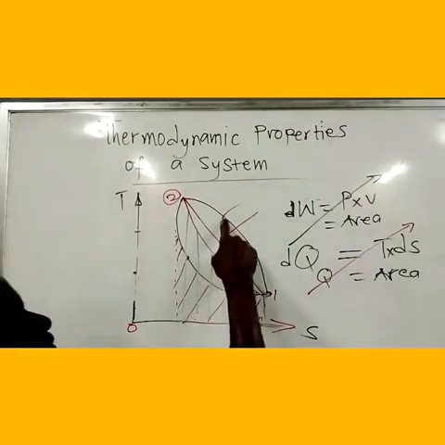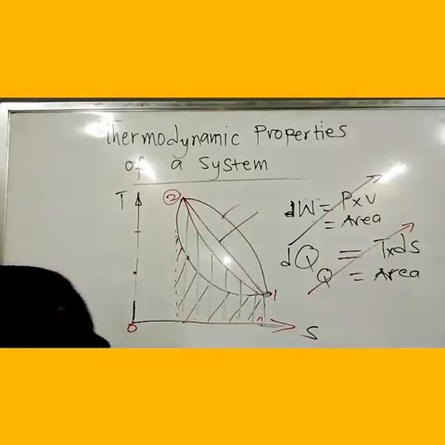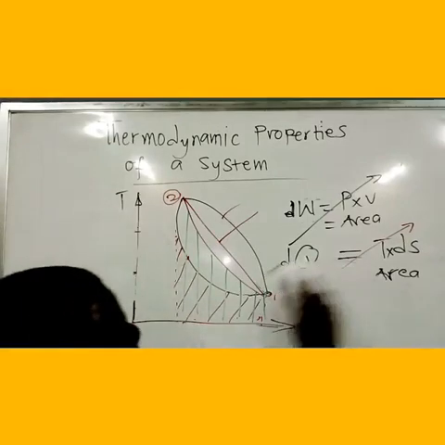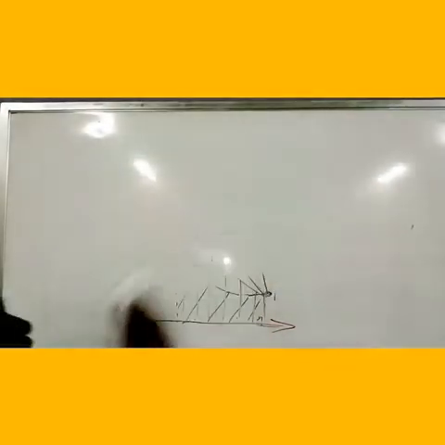So the greatest of all the work done on the PV diagram will be this, the one that has the greatest area. So the thermodynamic properties of a system are pressure, temperature, entropy, internal energy, volume. I mentioned six.